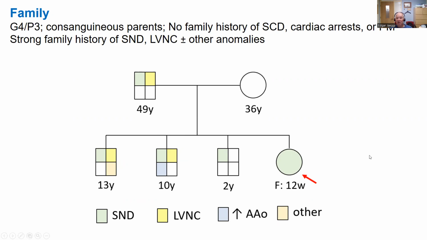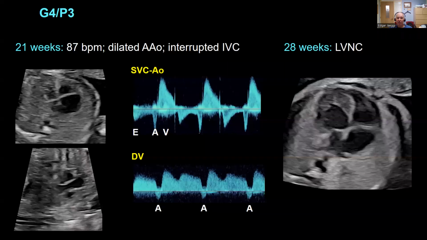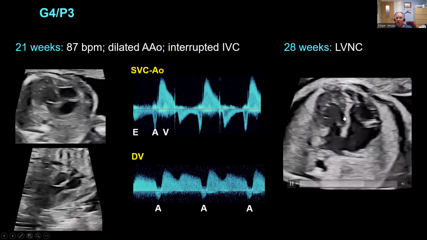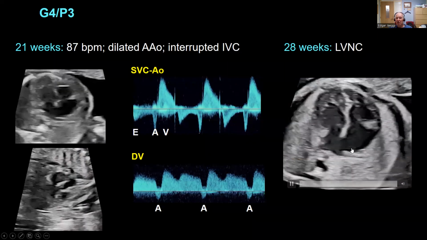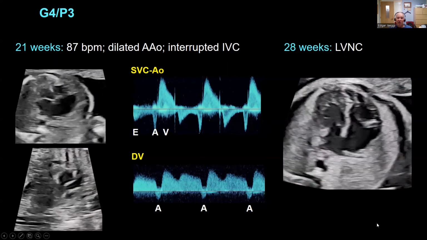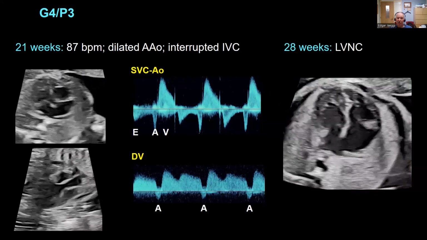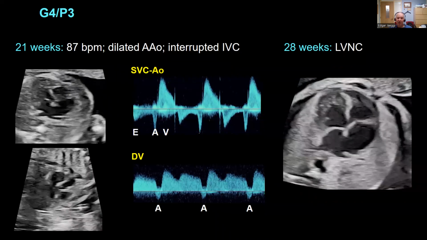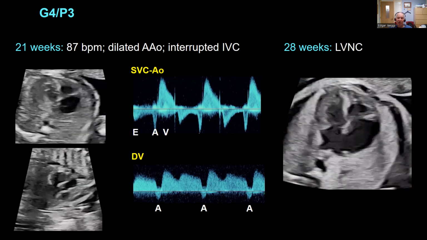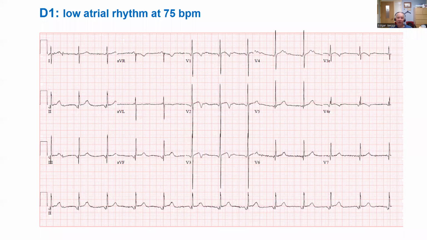The father has sinus brady as well as LV non-compaction. So do three brothers, who were found to have multiple combinations of these findings, most of them with LV non-compaction. And then there is a fetus that was originally diagnosed at 12 weeks in Winnipeg, and we saw it at 21 weeks. Now, the tracing at 28 weeks suggests that there is indeed LV non-compaction. The ascending aorta was dilated, and initially I thought maybe the valve is bicuspid because I wasn't aware of the combination of sinus brady with dilation of the ascending aorta.